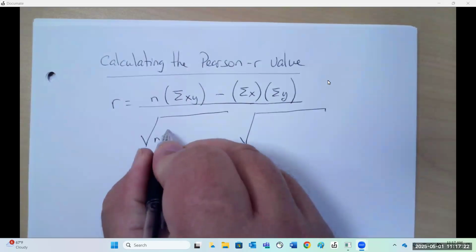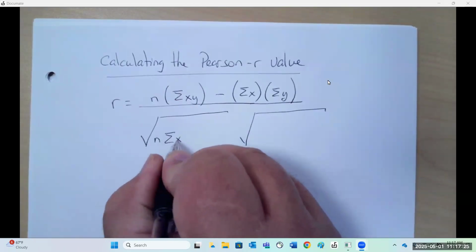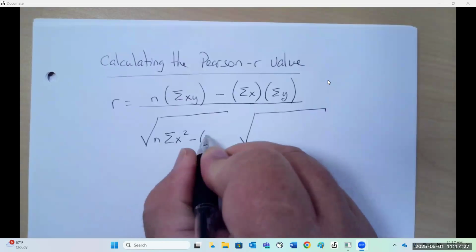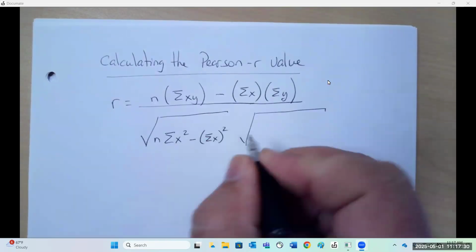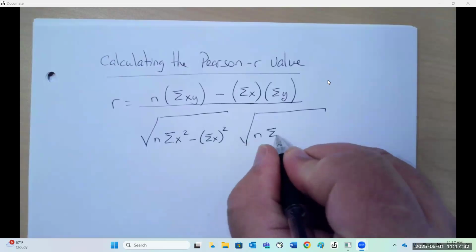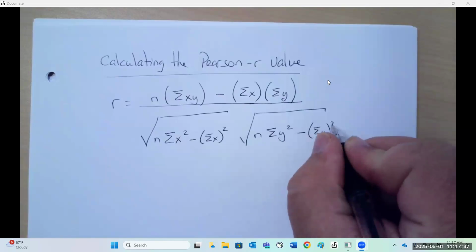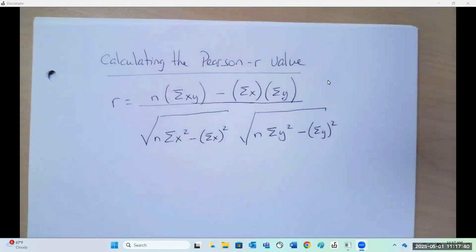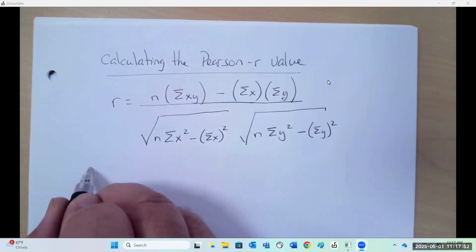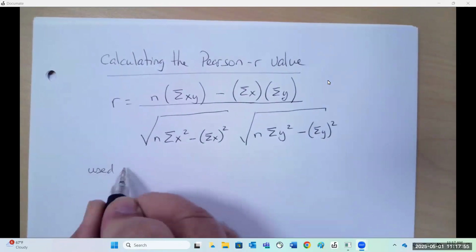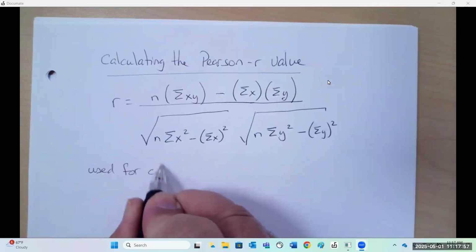So we have n times the summation of x squared minus the summation of x, squared, and n times the summation of y squared minus the summation of y, squared. I'll get that one for you also. This is used for calculations.